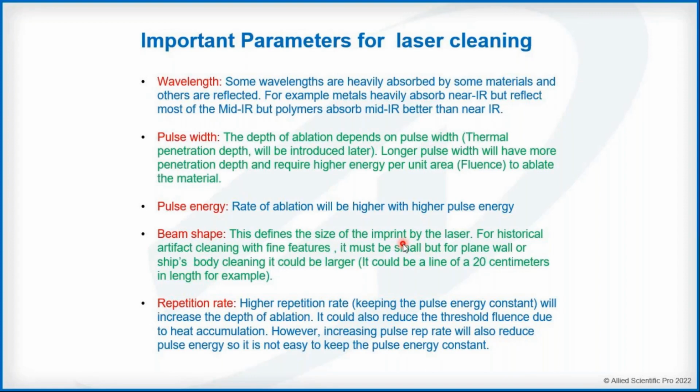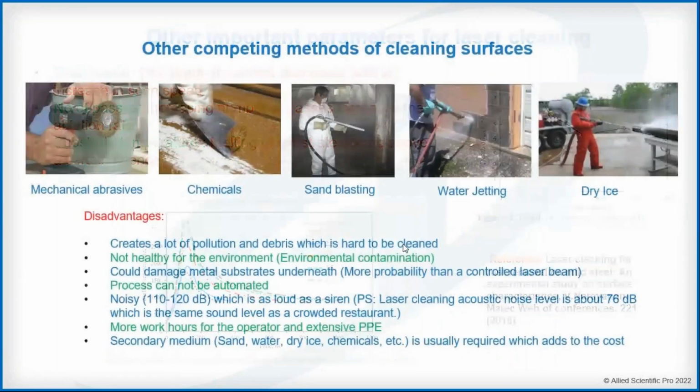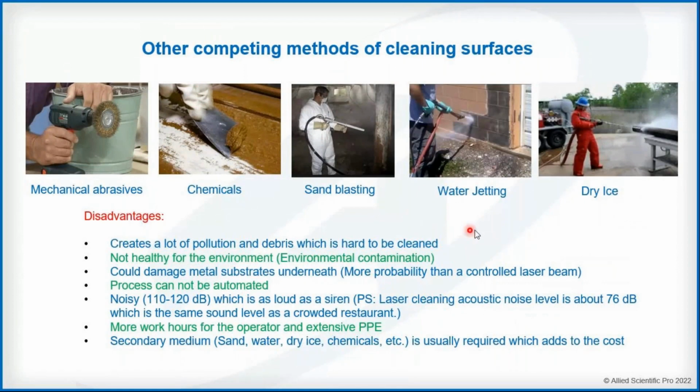However, in our systems, whenever you increase the pulse rep rate, you also reduce the pulse energy. It's very hard to keep the pulse energy the same and increase the pulse rep rate. So there are some parameters to play with, basically. But if you could keep the pulse energy the same, increasing the rep rate will reduce the ablation threshold.